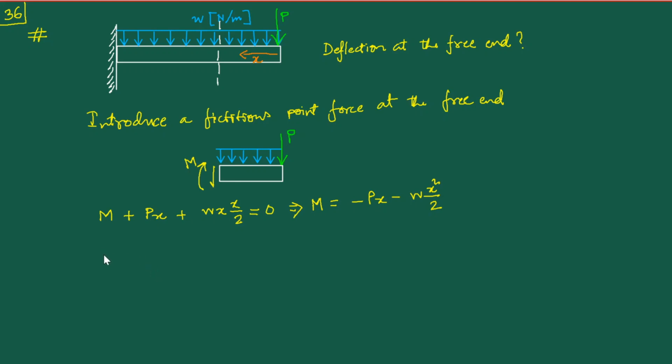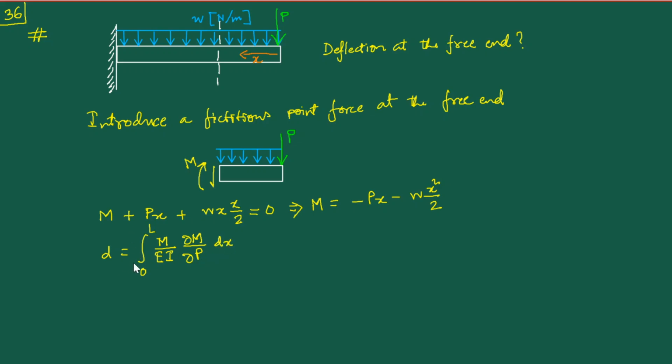and now we wish to find out the deflection at the free end. Let that be represented by d. d is going to be equal to integration 0 to L, and today we are going to use this version of the formula. We had discussed this particular form in the previous lecture.